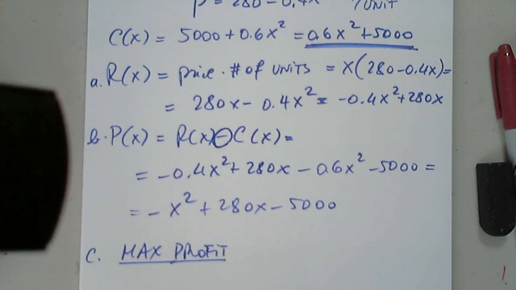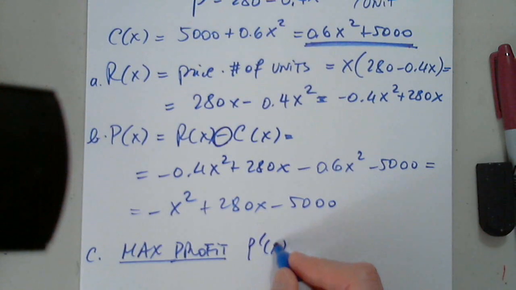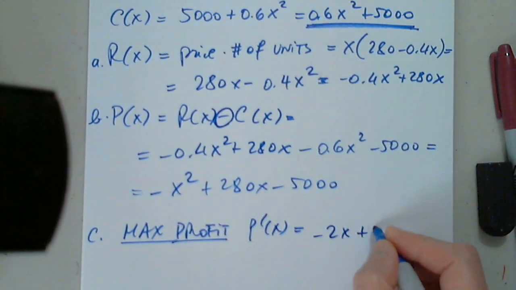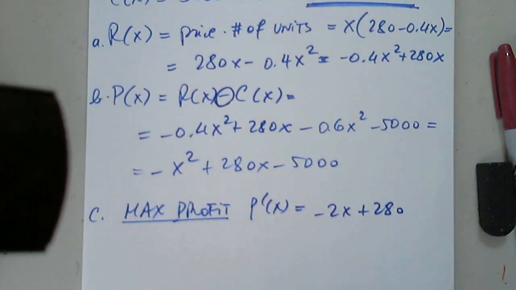What do we need to do first to maximize profit? Find the derivative. Very good, awesome. Can anyone find a derivative for p prime of x for us? Well, that will be negative 2x plus 280. Good. What is the next step after we find the derivative?